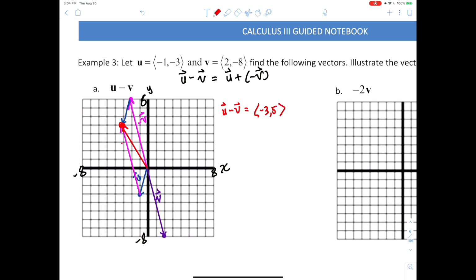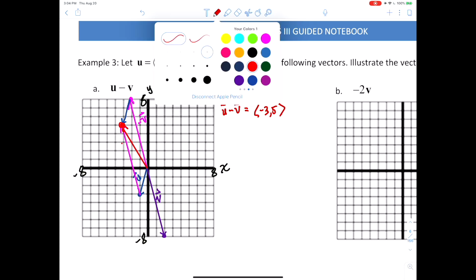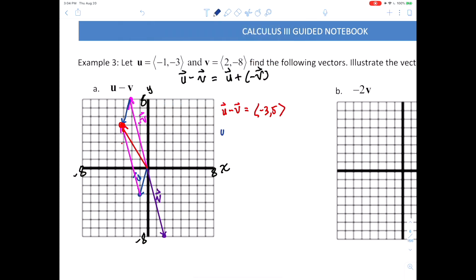Now, algebraically, what could have happened? I mean, what do you think you might be doing? So if you do U plus -V, wouldn't that equal -1, -3 plus, what's -V going to be?